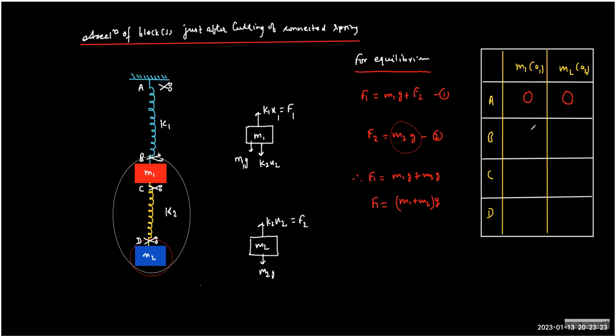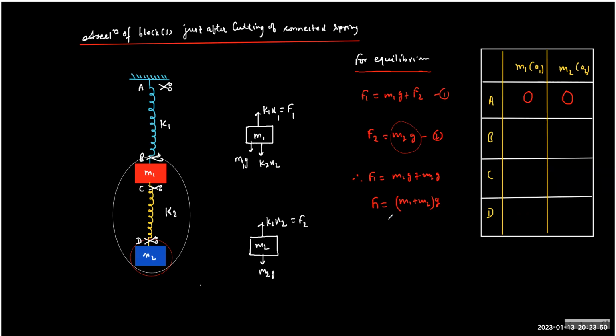Now, when you cut at B, from the life of M1, which force will go away? When you cut at B, you remove the top spring, right? And how much force is the top spring applying?